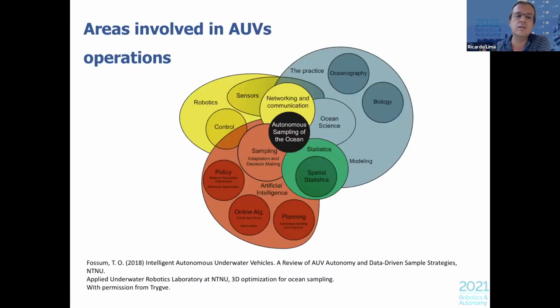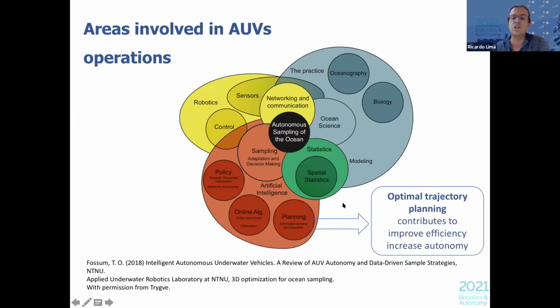The areas involved in AUV operations are many, as we can see in this figure. You have here the ocean science, where they are concerned with biology and oceanography. Then we have areas like robotics that work on controls, sensors, networking and communication, sampling, and statistics. Where we are working, our focus is on trajectory planning.